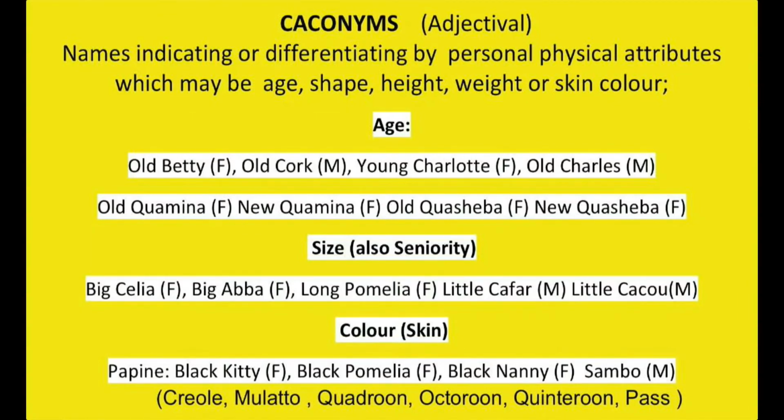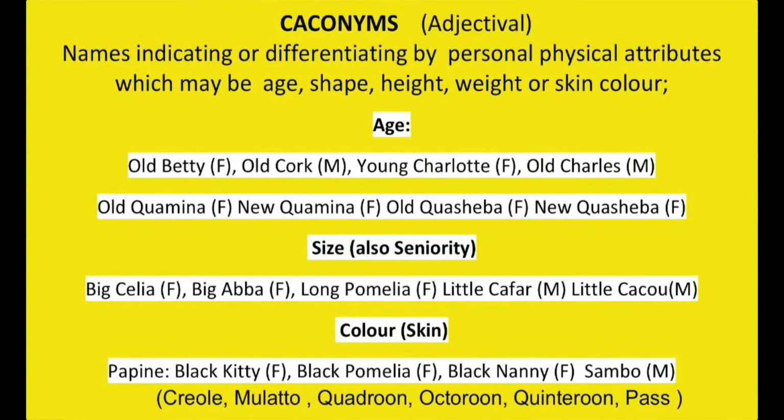So what distinguished people were indicators of age, shape, height, weight, or skin color. So we can see Old Betty, Old Cock as against Young Charlotte, Old Charles, Old Quamina, New Quamina. That might have been someone who was recently added as opposed to someone who was previously there. And then there's size, which also refers to seniority as well as maybe physical size.